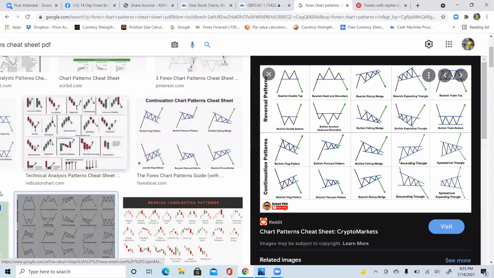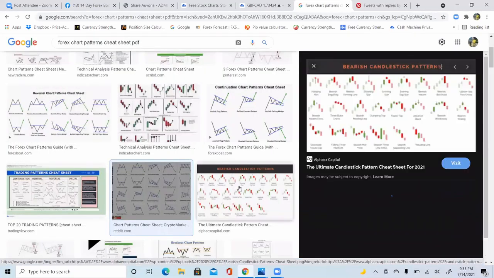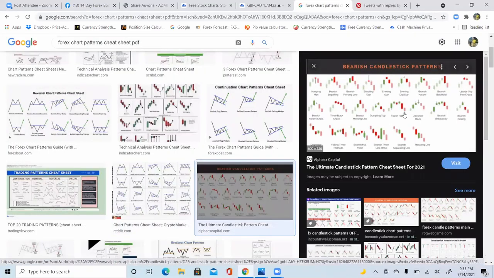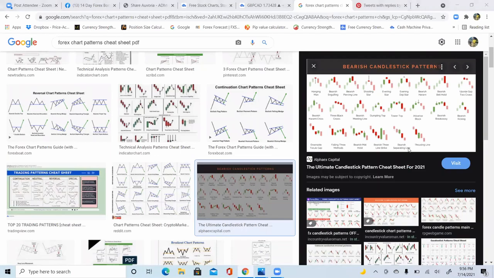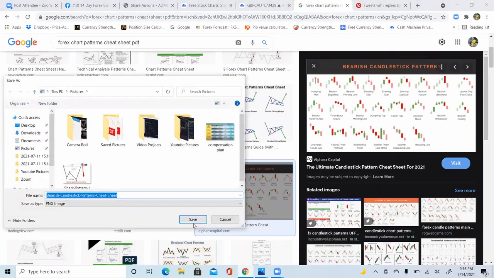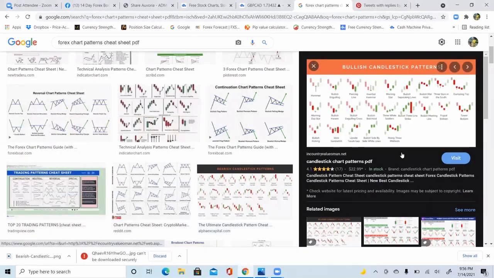So let me see if I can zoom out there. Let me save this. I like this one. No. Let me save that, bearish. And we look at this one.